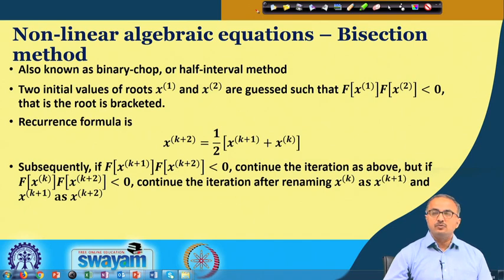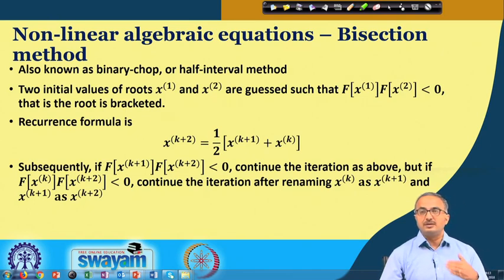So, to start this type of method, we need two initial guess values. By x(1) and x(2) I mean the initial guess values, and I am putting them in parenthesis because without the parenthesis they could mean a power, like x square.